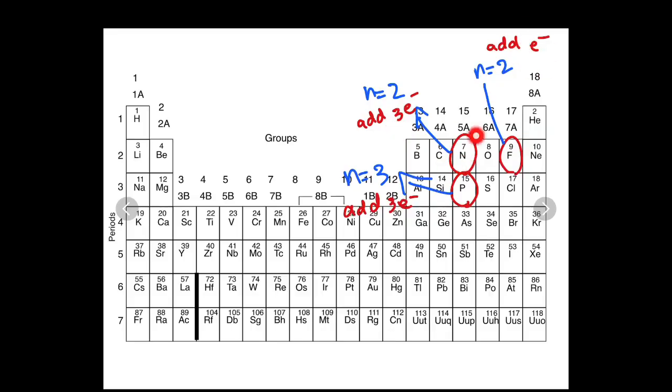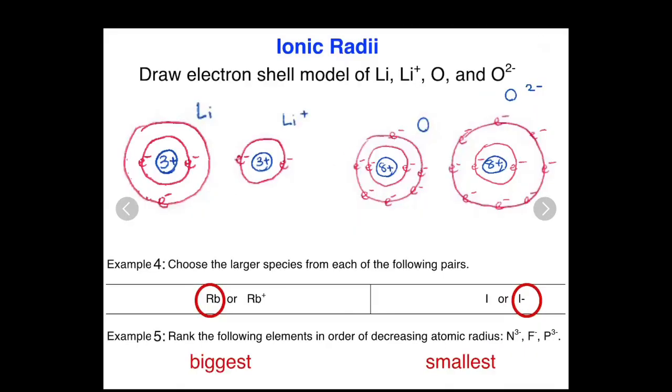Therefore, nitrogen 3 minus would have a bigger size than fluorine that adds only 1 electron. Phosphorus already has 3 shells, so adding more is going to increase the size. So the biggest to the smallest would go from phosphorus ions to nitrogen ions, and the smallest would be fluorine ions.